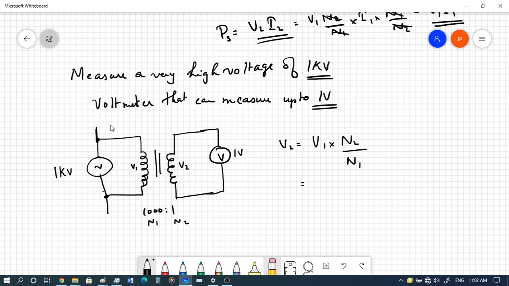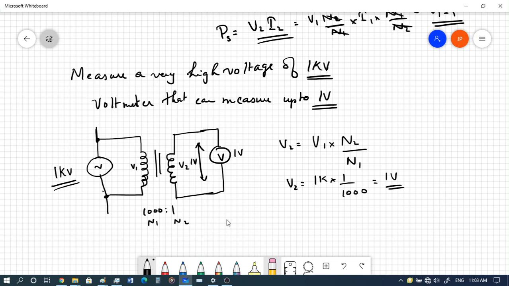Now V1 is 1 kilovolt, so 1K into 1 by 1000 is equal to 1 volt. So V2, the voltage over here, would be equal to 1 volt. Is it clear? So this is how you can measure high voltage using a potential transformer.